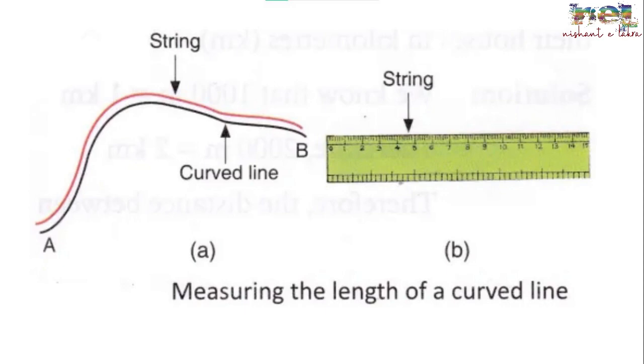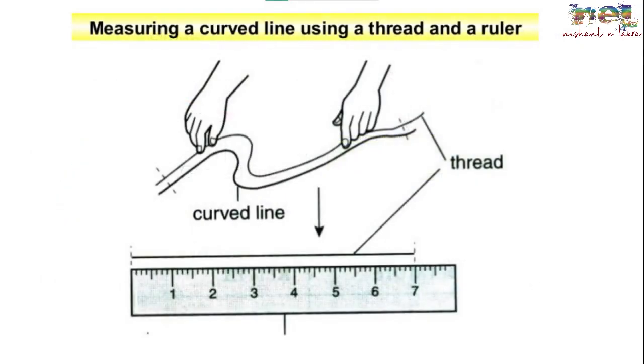Now how can we do that? First, take the thread, and from the starting point of the curved object or wavy line, place the starting end of the thread, and carefully place the thread along the curve of the object.